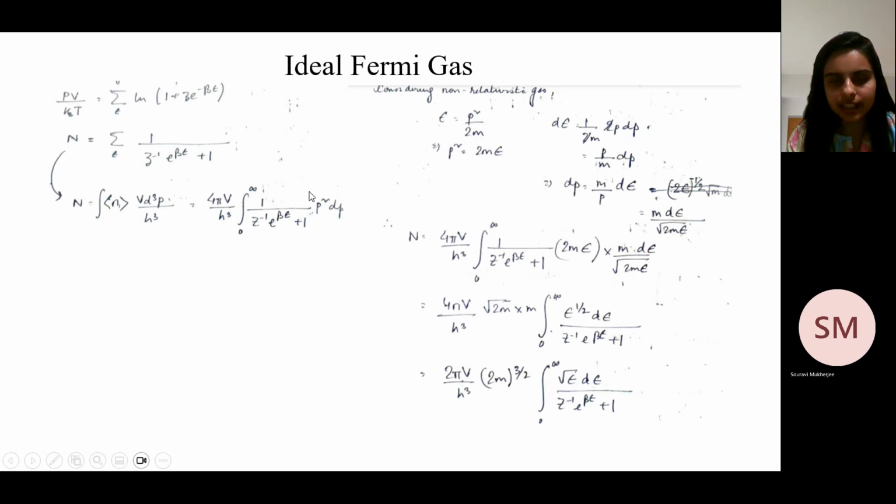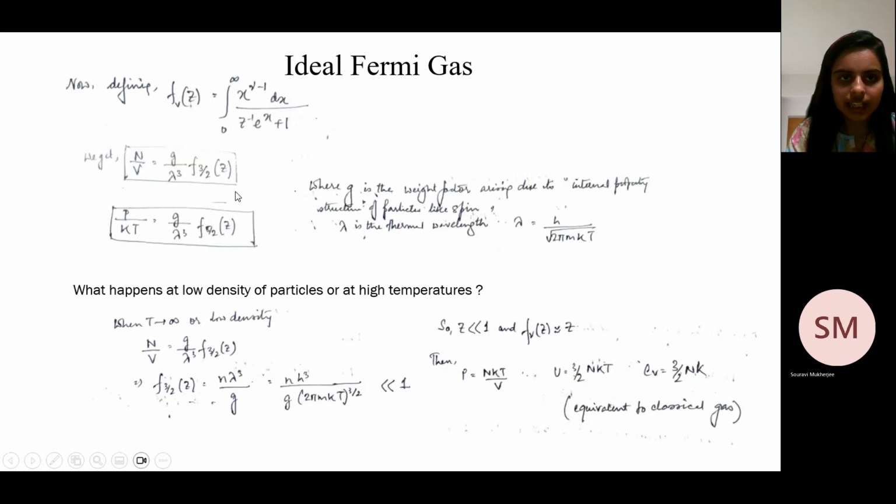For non-relativistic particles, again, you can do a variable change from the momentum to the energy space. And then if you solve it further, considering beta E as your variable, finally you would get to an integral form like this, right?